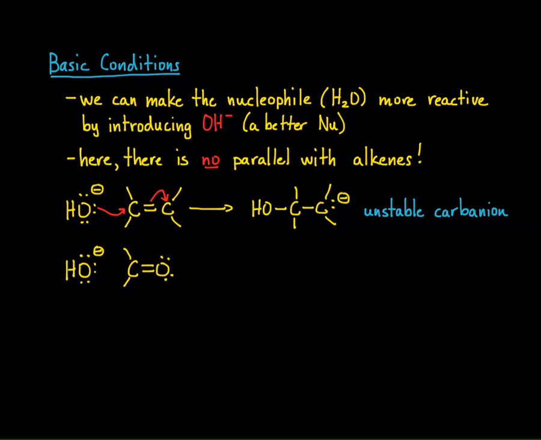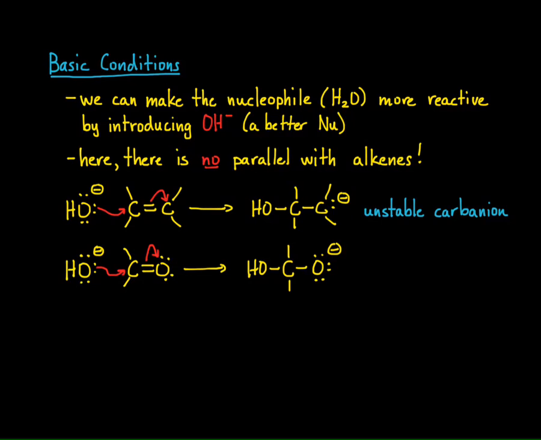However, if I look at hydroxide attacking a carbonyl, again, where is it going to attack? Well, it attacks the LUMO of the carbonyl, which has more carbon 2p character. So it's going to attack the carbon, the carbon-oxygen pi bond breaks, just like I showed up above. And this time, what is the result?